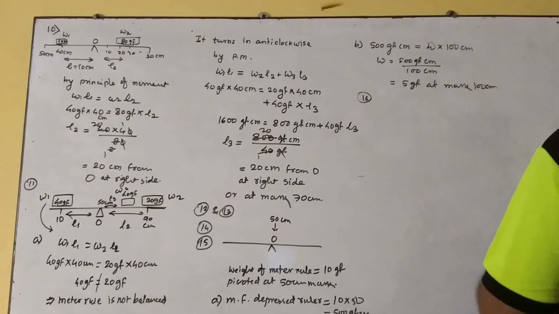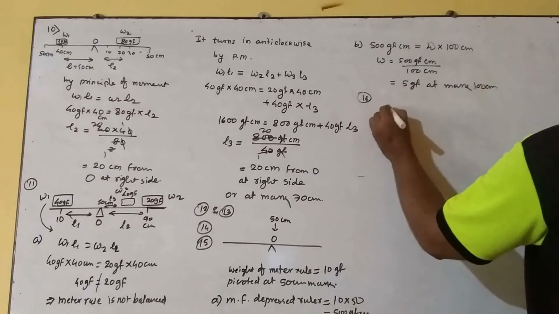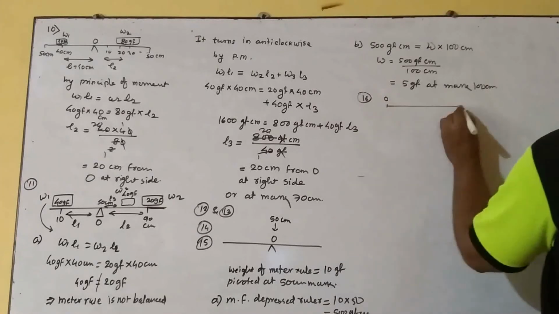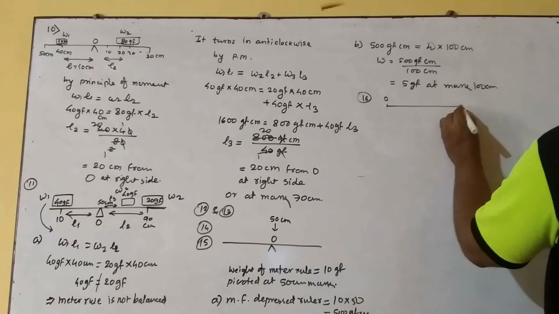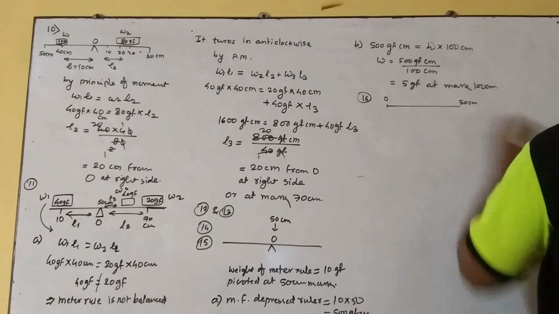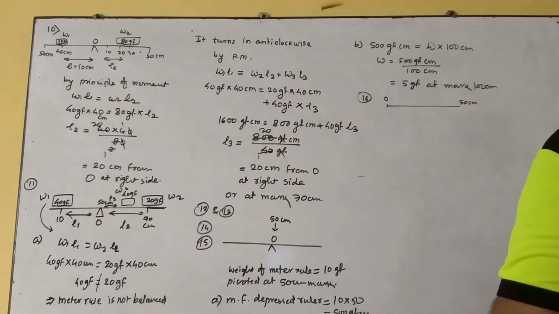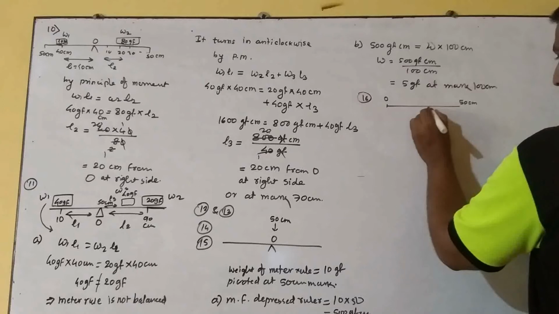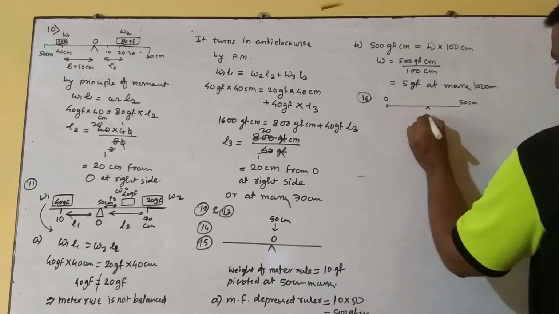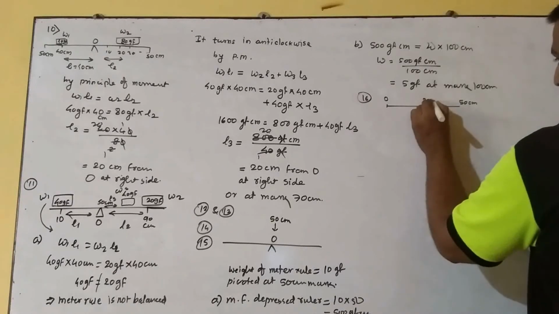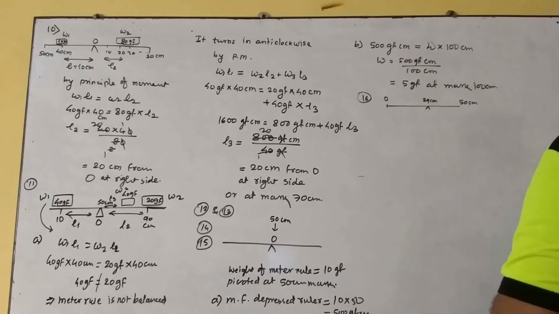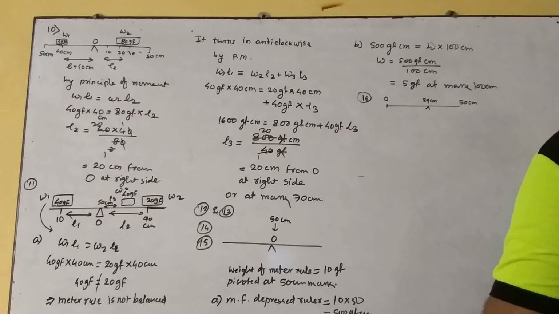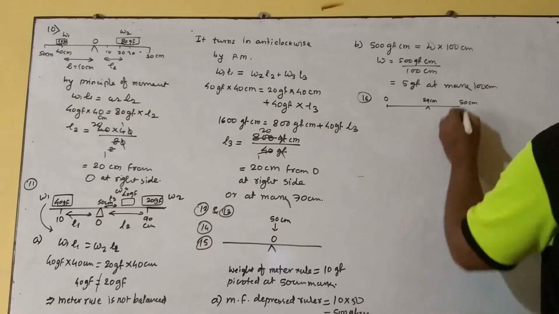Question number 16. A uniform half meter rule is given, so it starts from 0 and ends at 50 centimeter. Keep that in mind. A uniform half meter rule can be balanced at the 29 centimeter mark when a mass of 20 GF is hung from its one end.